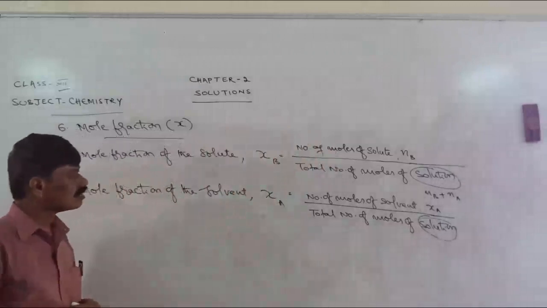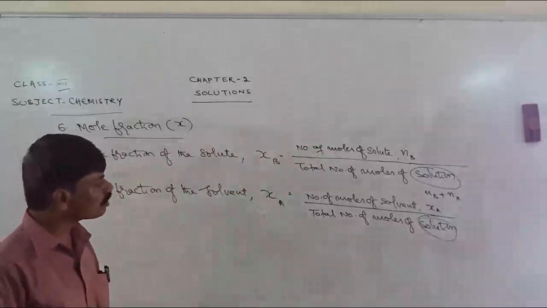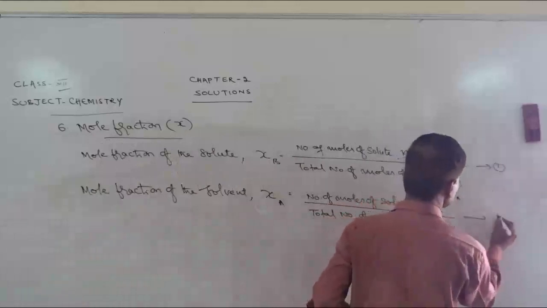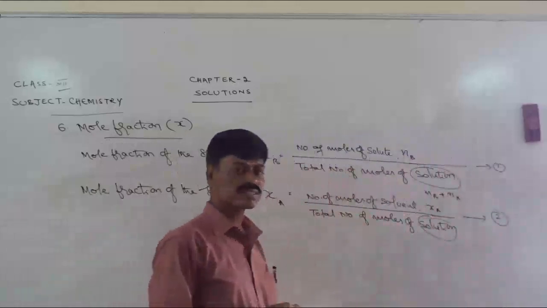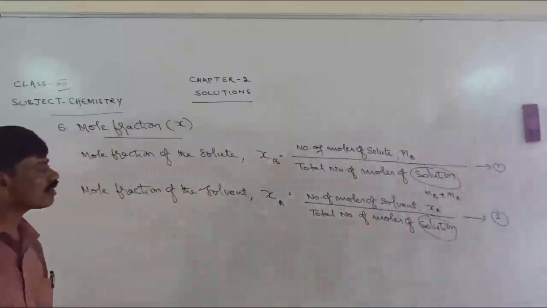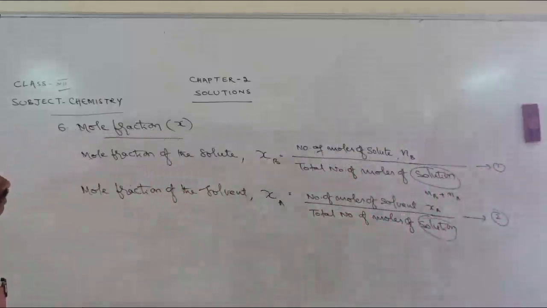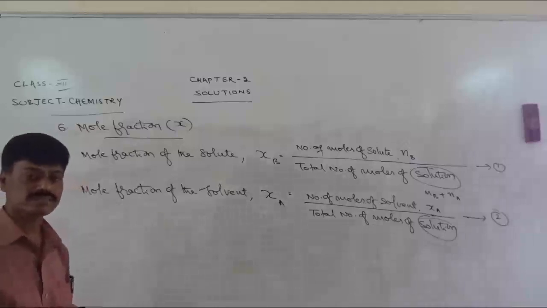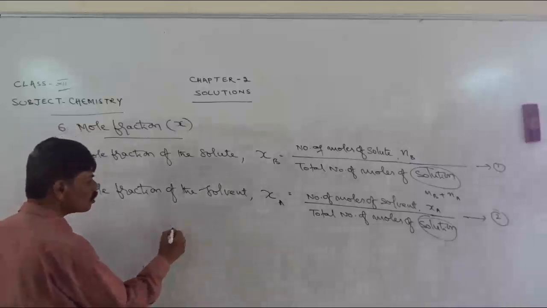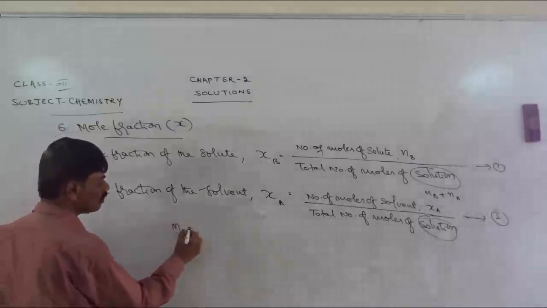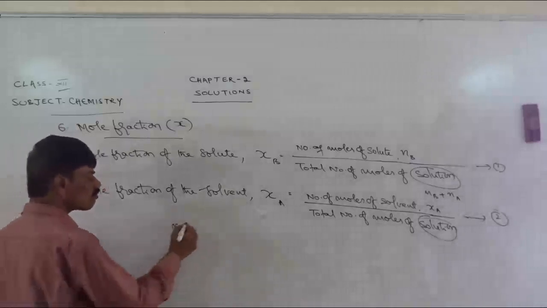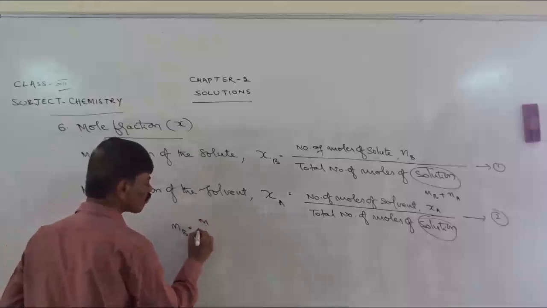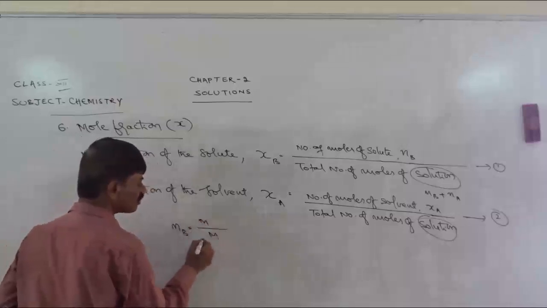Now we will see one sample numerical, but before that, let us see how these expressions are slightly modified when the expression of number of moles of solute and solvent are changed. Number of moles of solute nB is equal to mass of the solute divided by molar mass of the solute.